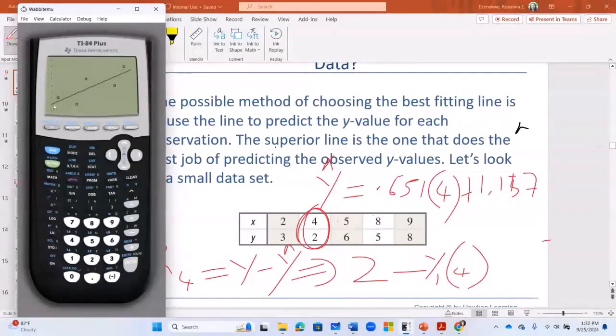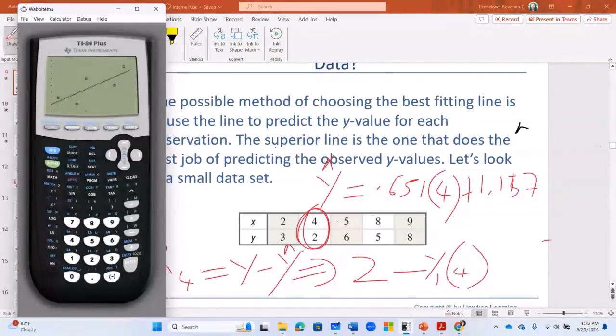Because this is the line of best fit, and this is 4.2 here. And 2 minus this is the value. So 2 minus whatever this is gives negative 1.761. So actually that is the residual for 4.